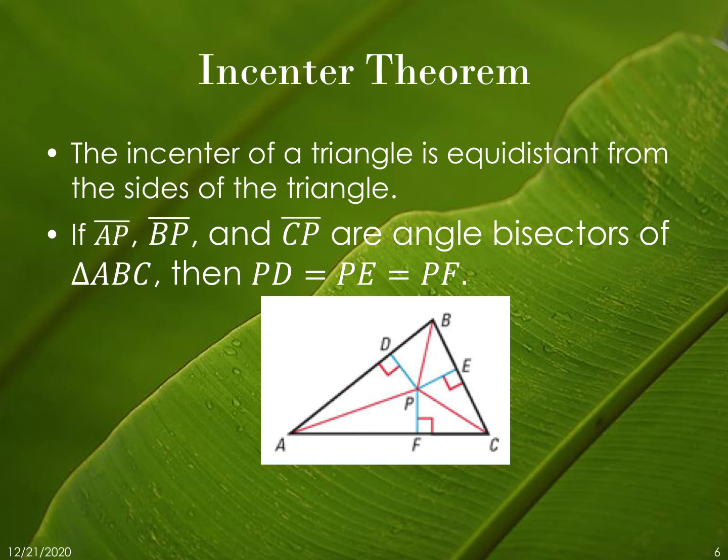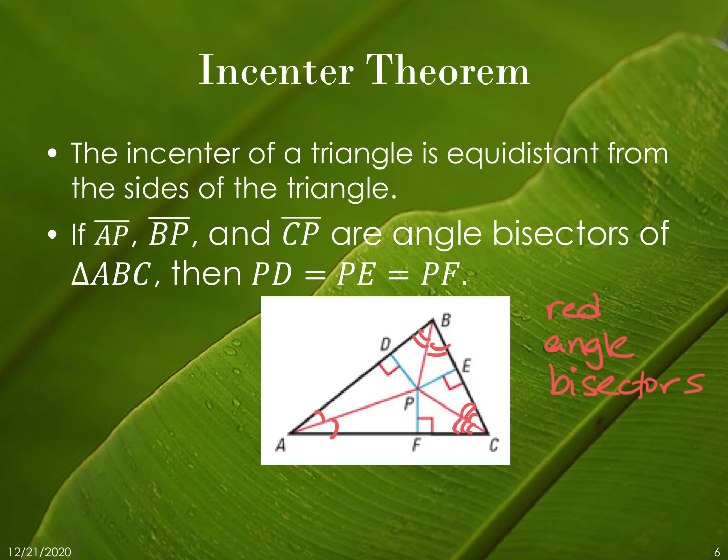So in this picture, in red, these are all the angle bisectors. So they're either going to tell you that they're the angle bisectors, or they'll have congruency marks on the angles, showing that this angle is congruent to this, and then this one congruent to this.